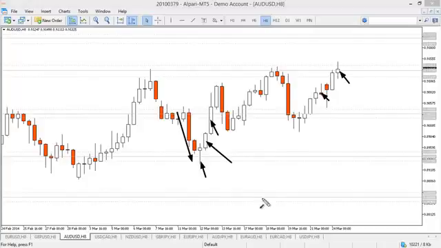Now, of course, it's not this easy. You have to consider where you're going to enter. You have to consider entry triggers, all that kind of stuff. And that stuff we're going to talk about more and more in the coming days. But the basic concepts are there, and they're quite simple. In fact, you just have to ask yourself all the time, who is in control of price, buyers or sellers?